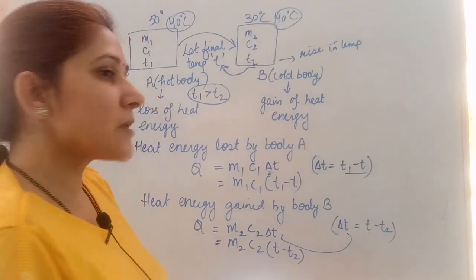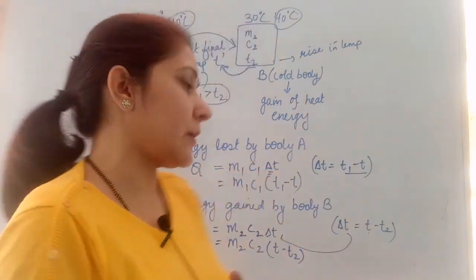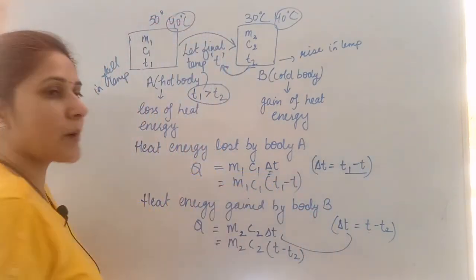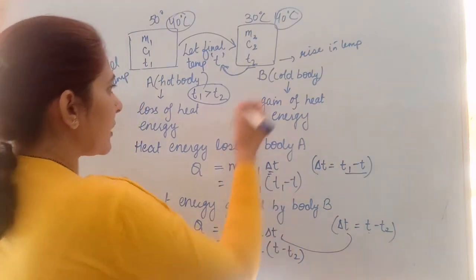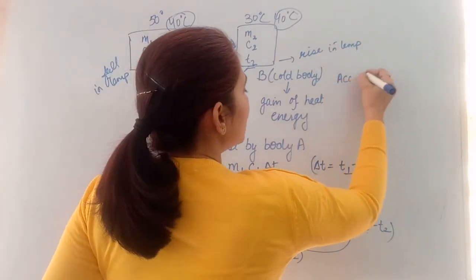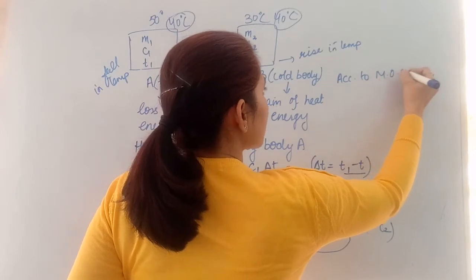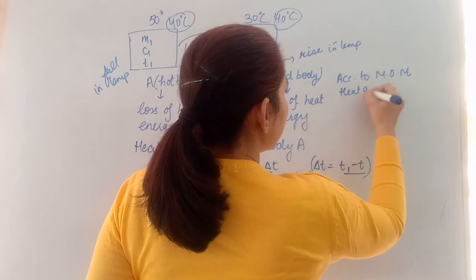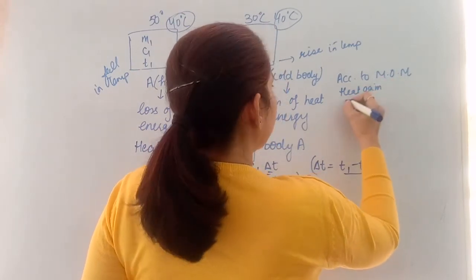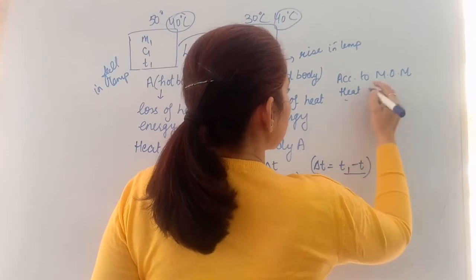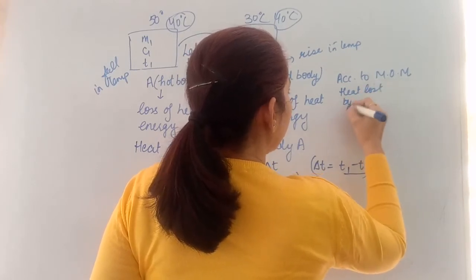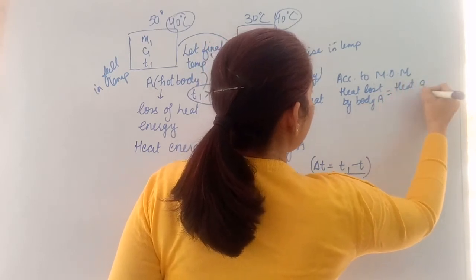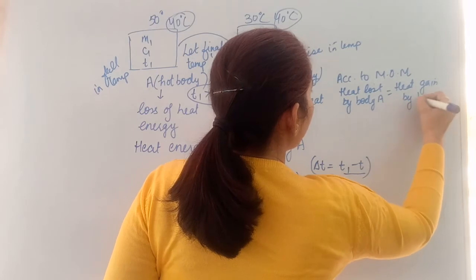Now what are we supposed to do according to the principle of calorimetry? We know that heat lost by body A is equal to heat gained by body B, according to the method of mixtures or principle of calorimetry.